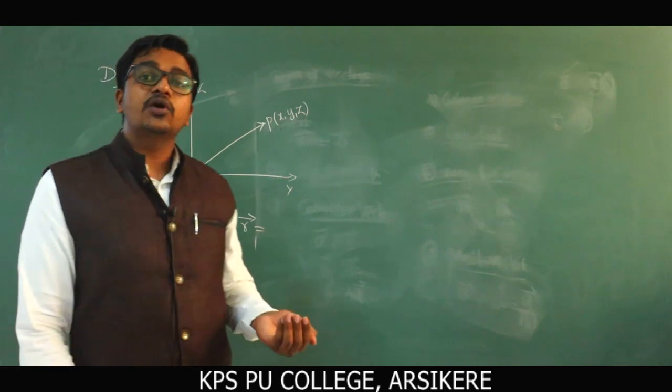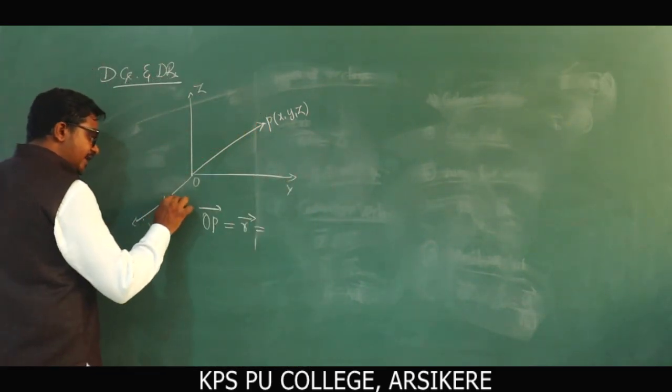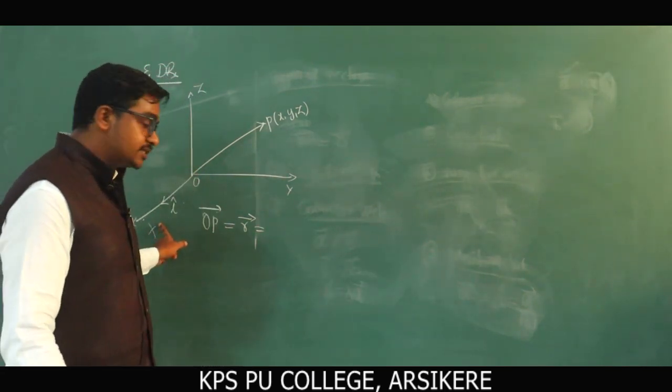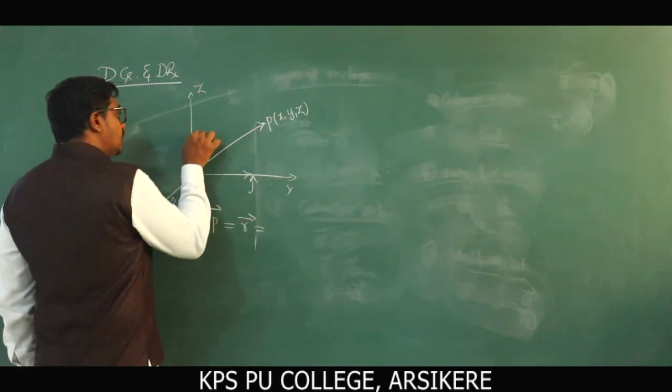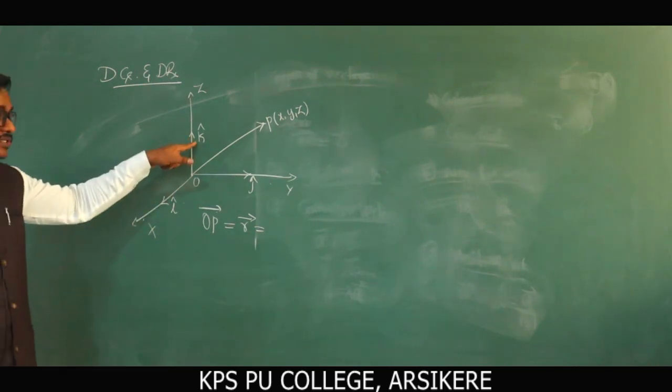The special notation is vector OP is equal to vector R. So what about the corresponding components? Just observe here, I cap is the unit vector in the direction of the x-axis, j cap is the unit vector in the direction of the y-axis, and k cap is the unit vector in the direction of the z-axis.